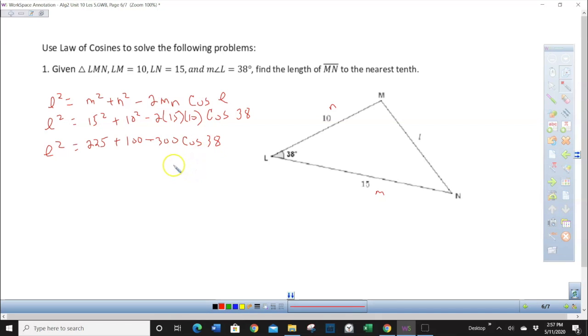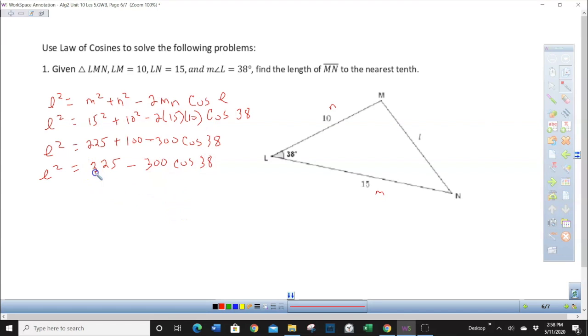Now you have to be real careful here. Kids wanted to subtract these two numbers. This is 300 times cosine 38, so you can't subtract them. But we can say l squared is equal to 325 minus 300 cosine 38.